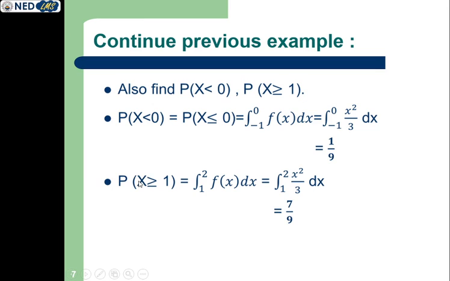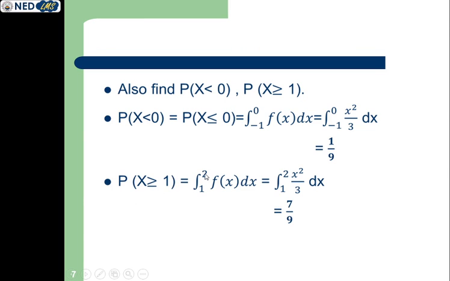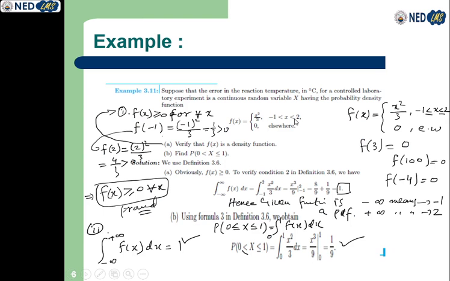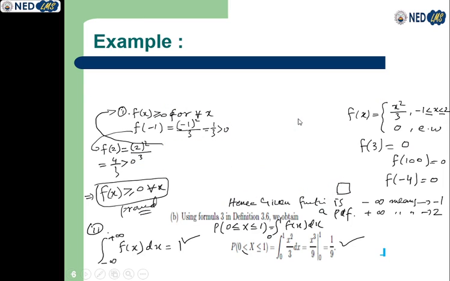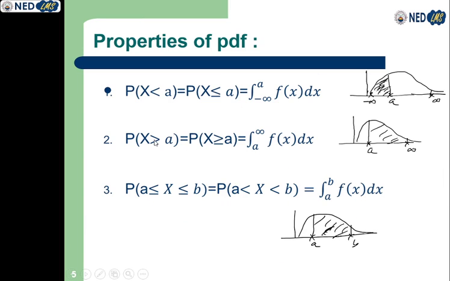Now next one, probability x greater than or equal to 1. So student, greater than or equal to 1 stands for the lower limit of the integral, 1, just like that. And for the upper limit, find the upper limit of the given function. What is the upper limit of the given function? 2. See this in the formula again.